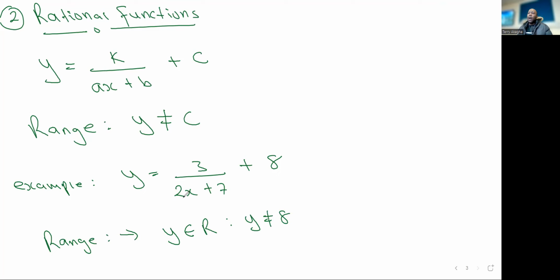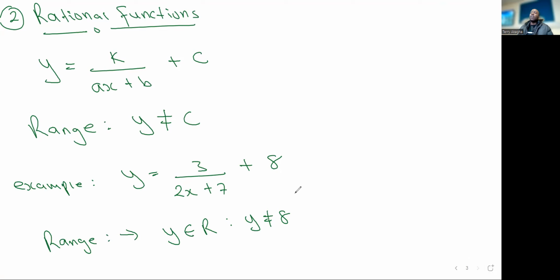So y can have any value, but y can never be equal to 8. When you're looking at a rational function, the range never includes the constant outside the fractional part of the rational function.